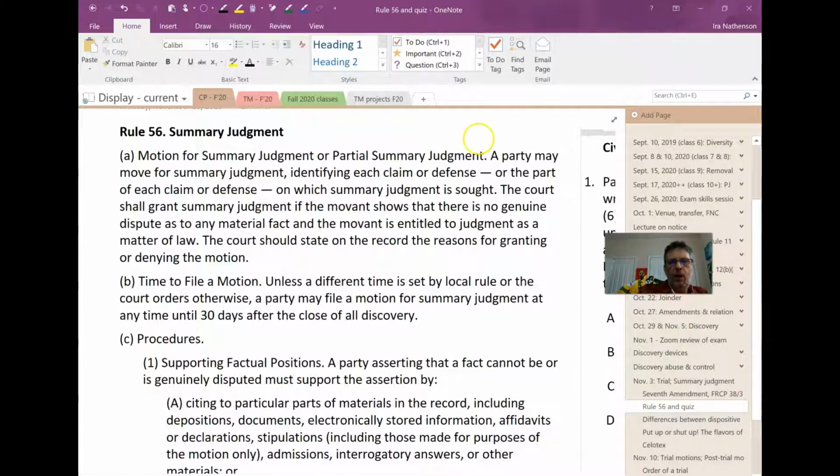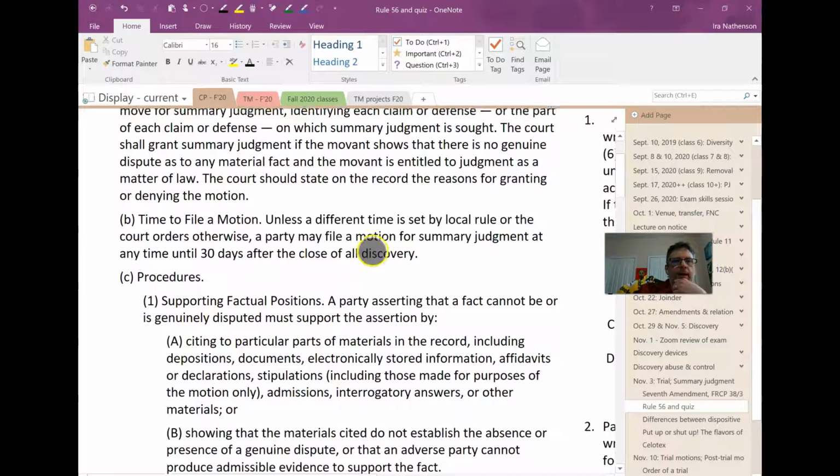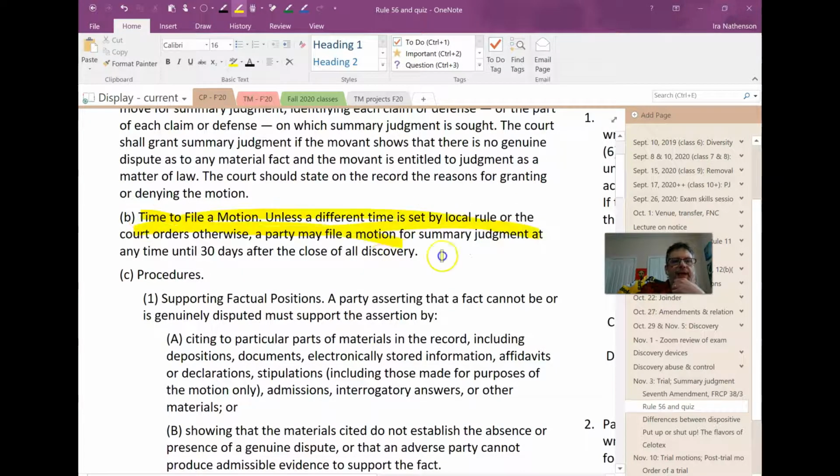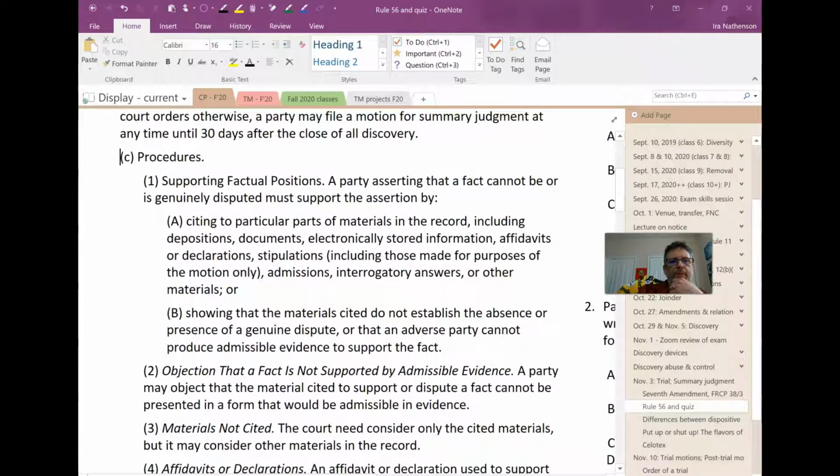Rule 56(a) gives the standard for a summary judgment: no genuine dispute as to any material fact, and the moving party being entitled to judgment as a matter of law. Subsection (b) is the time for filing a motion. We'll talk about that as well. The procedures, we'll talk about some of this as well.